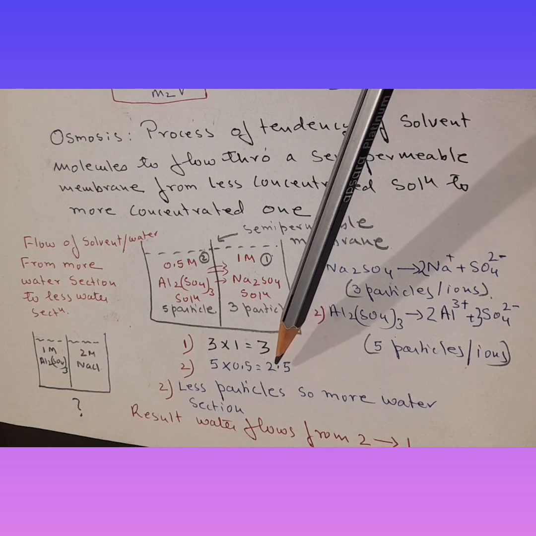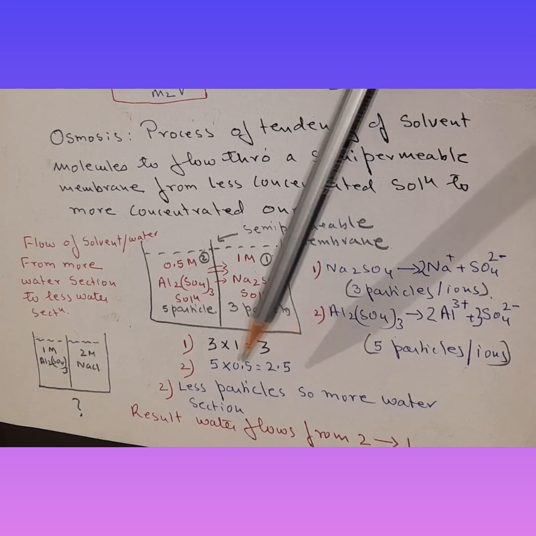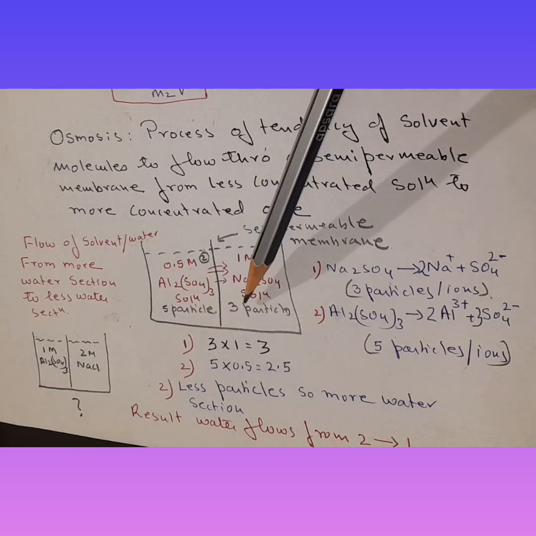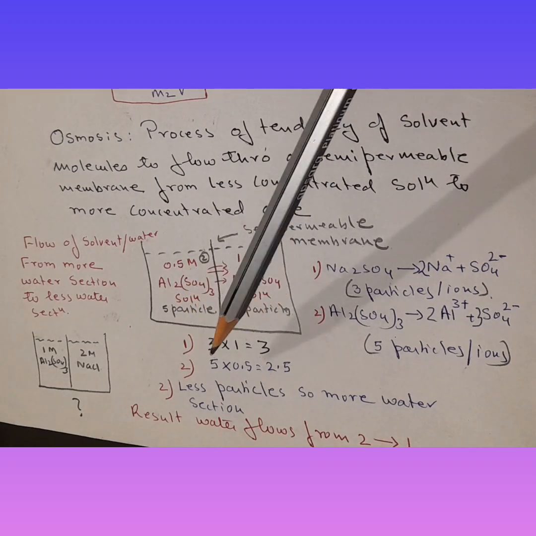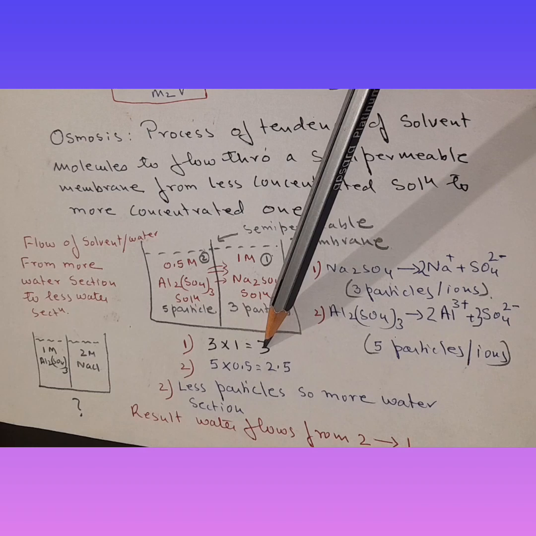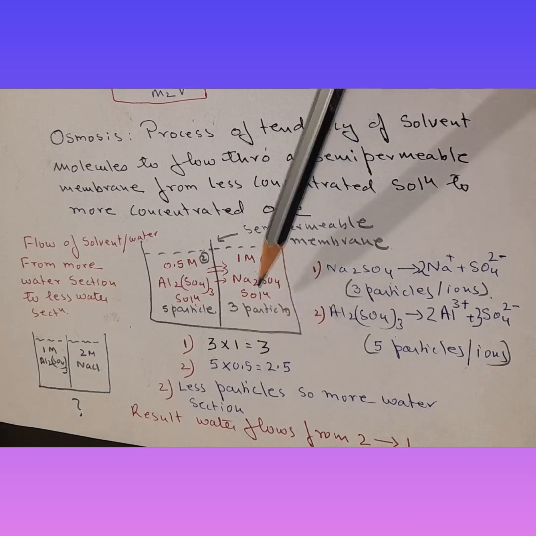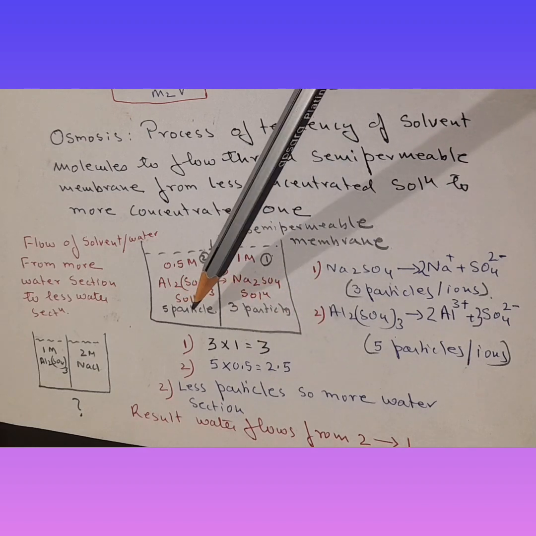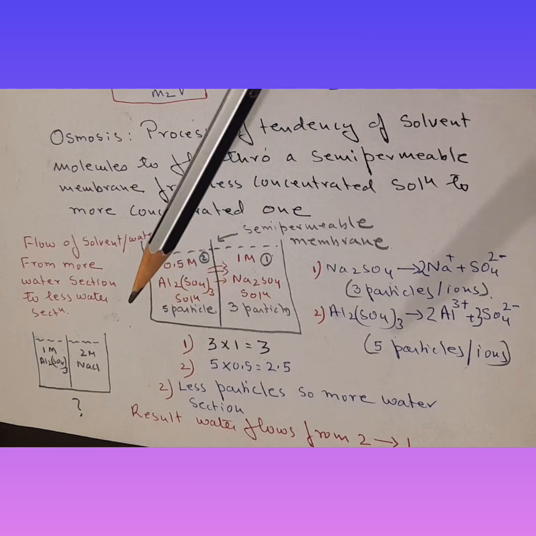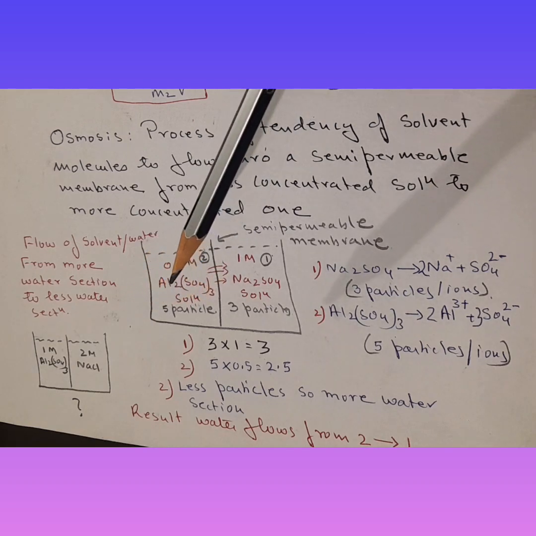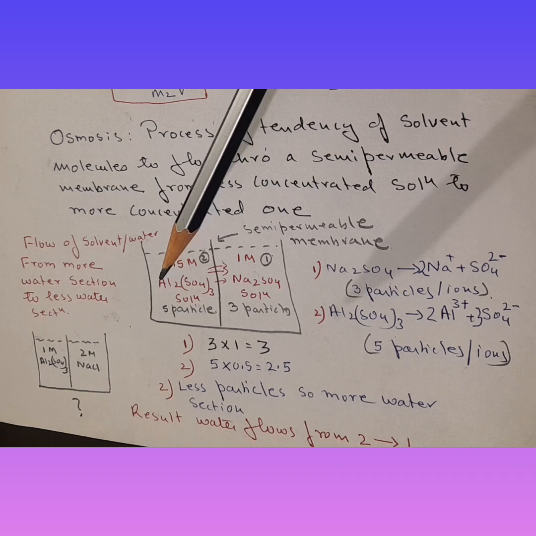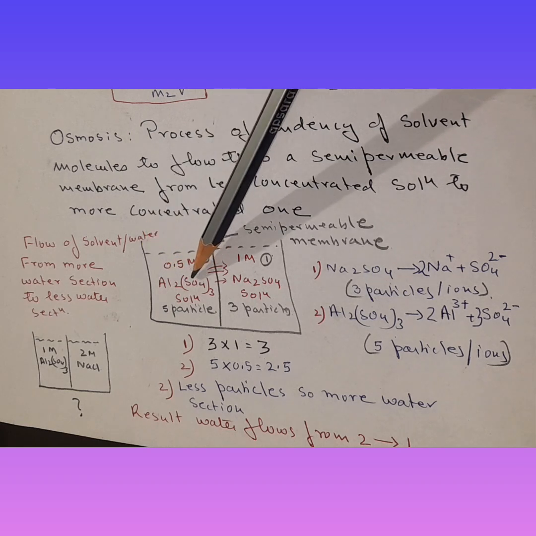Call it particles, just to make it simple for you. Then here it is 3 particles and 1 molar, so 3 into 1, so 3 particles. So where do you think water is more? Is it here or is it here?